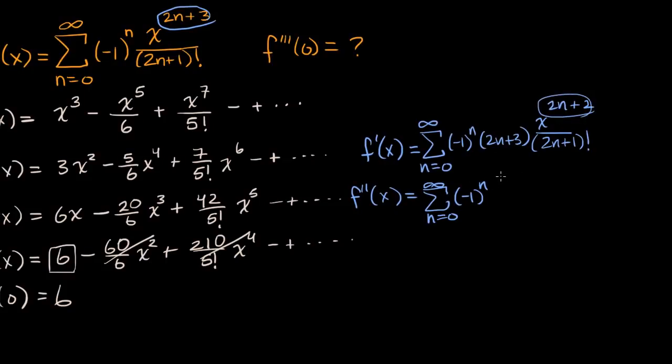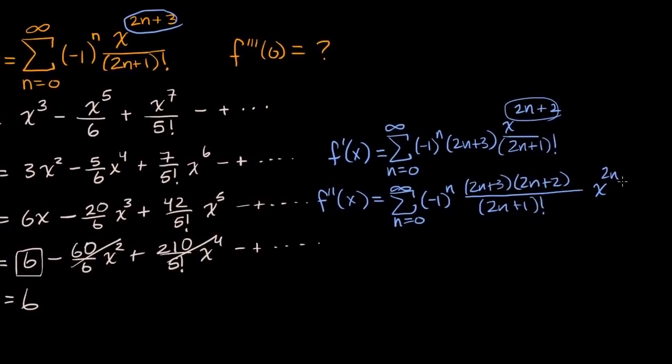So you're going to have 2n plus 3 times 2n plus 2, all of that over 2n plus 1 factorial, and this is going to be times x to the 2n plus 1. All I'm doing every time, it seems really complicated, I'm just taking the exponent out front, multiplying it out front, and then decrementing it. So 2n plus 2 minus 1 is 2n plus 1.